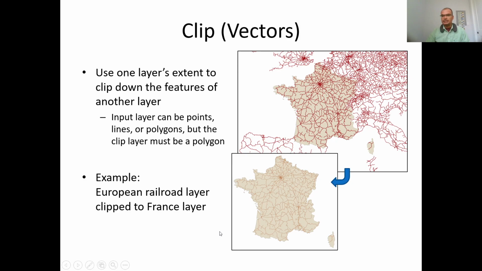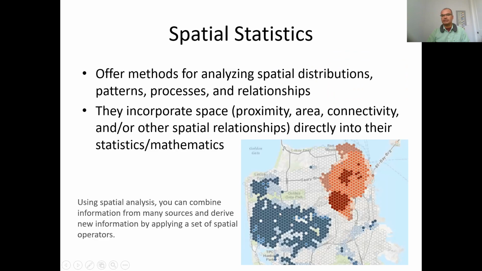Say, for example, there is a road network and a country boundary, and I want to extract the road network of this particular country. Using the clip function, you can extract the road layer for your country of interest, or your polygon of interest.